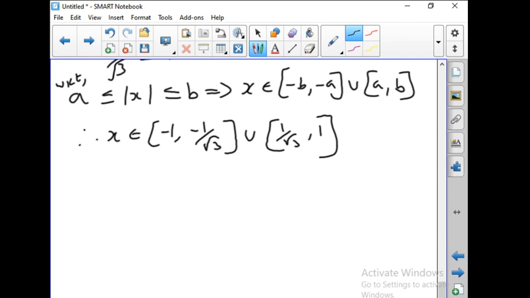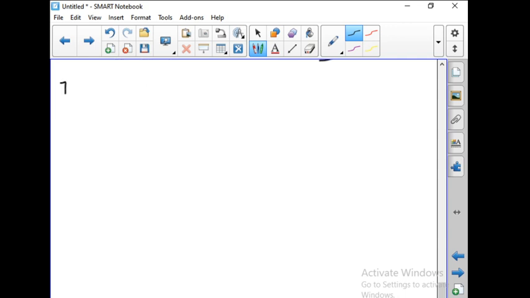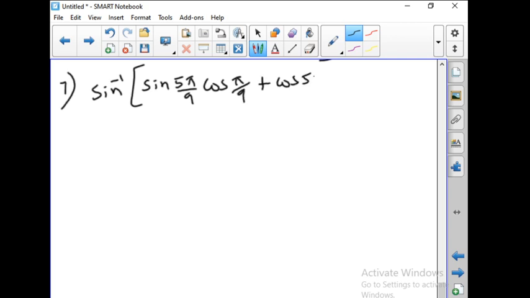Okay, now we'll go to the 7th question. Find the value of sine inverse of sine 5 pi by 9 cos pi by 9 plus cos 5 pi by 9 sine pi by 9. So what do you have inside?